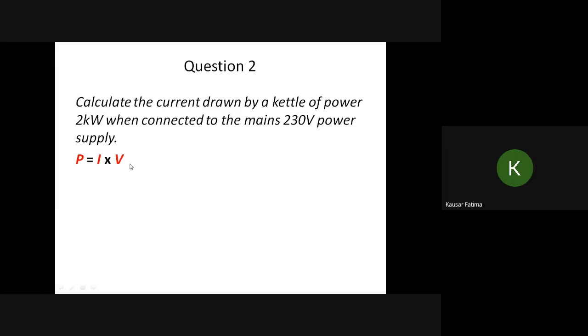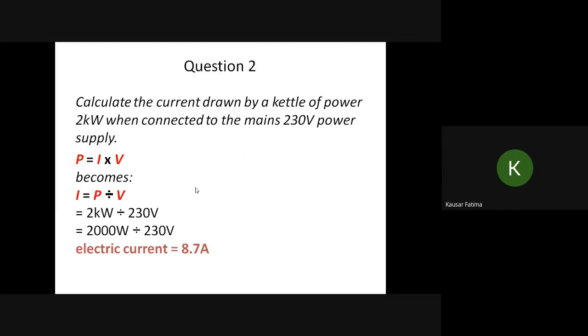P is equal to V into I. Power is given, voltage is given, so we can calculate the current. I is equal to P divided by V. So 2 kilowatt divided by 230 volt. Power is to be converted into watt here so that the answer comes in ampere. So the kettle draws a large current, 8.7 ampere is quite a large current.